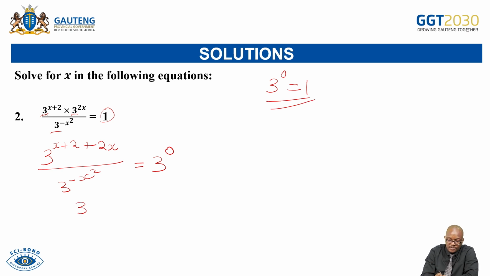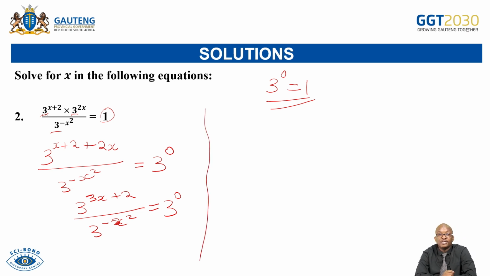If I look into the numerator, I will have 3 to the exponent of 3x plus 2 plus 2x, because I'm multiplying the same base, all divided by 3 to the exponent of negative x squared, which is equal to 3 to the 0. Now we're looking into division of the same base. So we have 3 to the 3x plus 2, and we subtract by negative x squared.